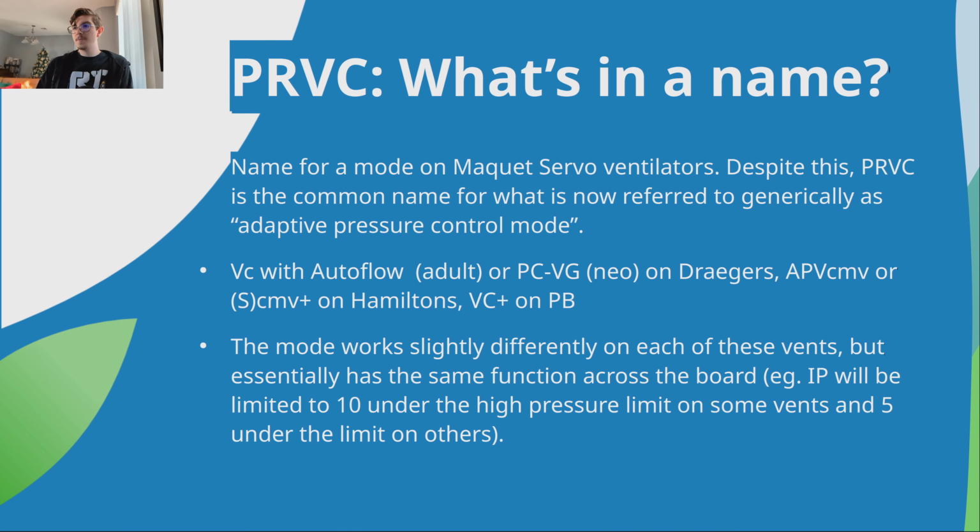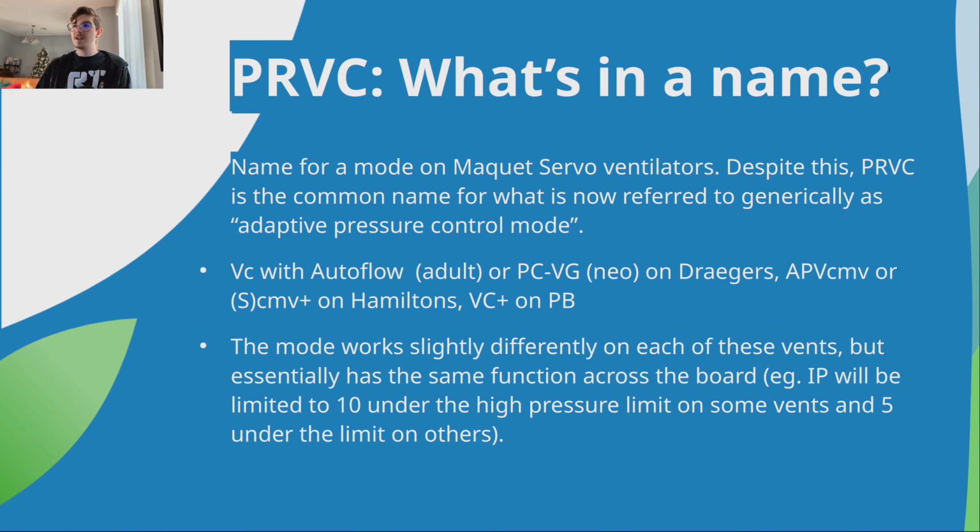It's called volume control with autoflow or pressure control volume guarantee on Draegers. It's called APV CMV or SCMV plus on Hamilton vents, and it's called VC plus on Puritan Bennett vents. So you can see that all of these different ventilators have very different names for PRVC.